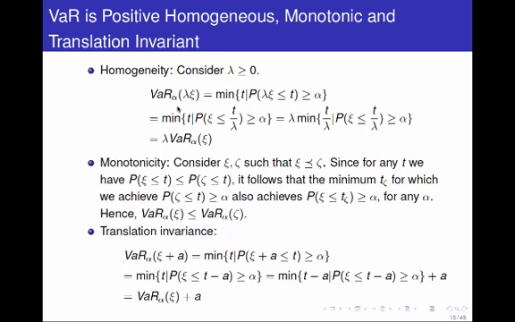By the definition of first-order stochastic dominance, for any t, the chances of psi being less than or equal to that t are higher than the chances of zeta being less than or equal to that t. So I know that this is a feasible choice for this optimization problem. It's not necessarily the optimal choice. So the actual optimal choice of this problem, which is the VAR of psi, is less than or equal to the VAR of zeta.